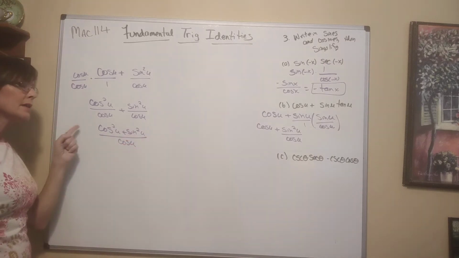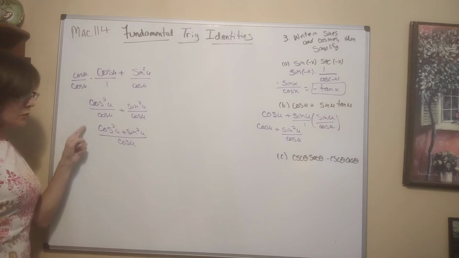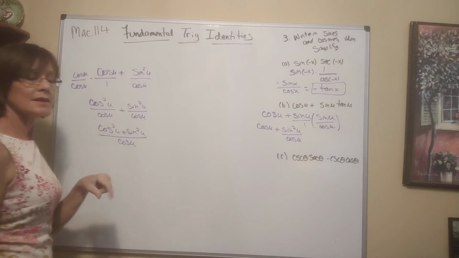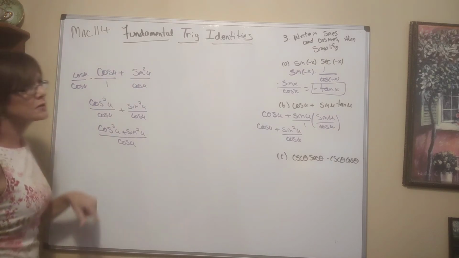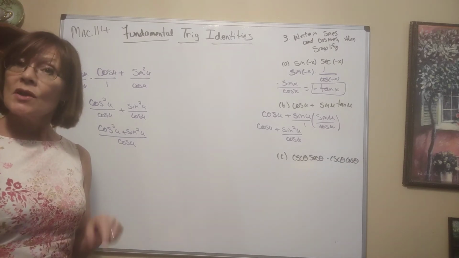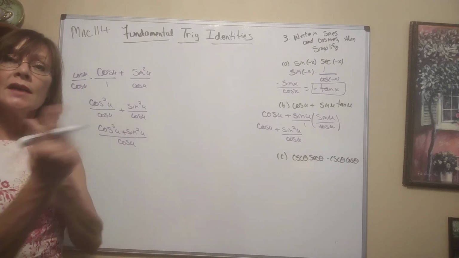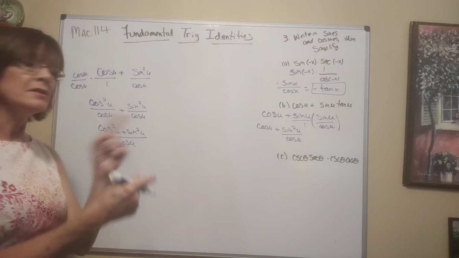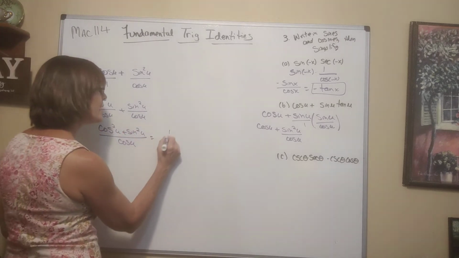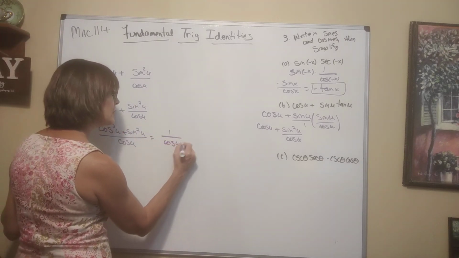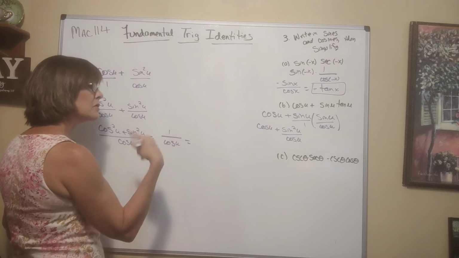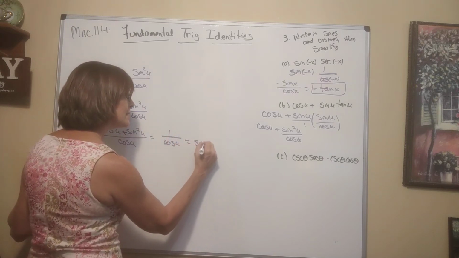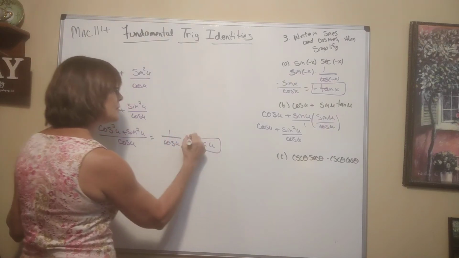But this, I recognize, I've seen that. That is important. That is the Pythagorean identity. Sine squared plus cosine squared is 1, but also cosine squared plus sine squared is 1 because that's just commutative for addition. Same thing. So this is really a 1 over the cosine of u, which can be rewritten into the trig function secant of u, and that's that one right there.